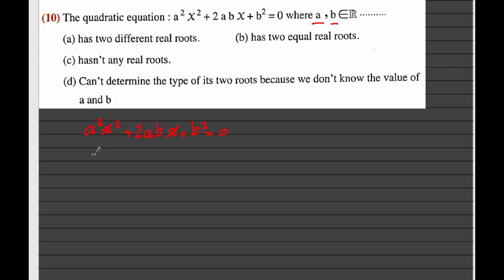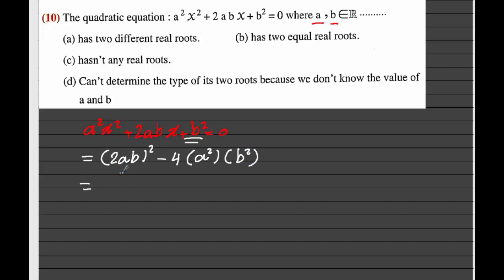So the discriminant equals the coefficient of x all square, 2ab all square, minus 4 multiply the coefficient of x square, a square, multiply the absolute term here in this equation, b square.